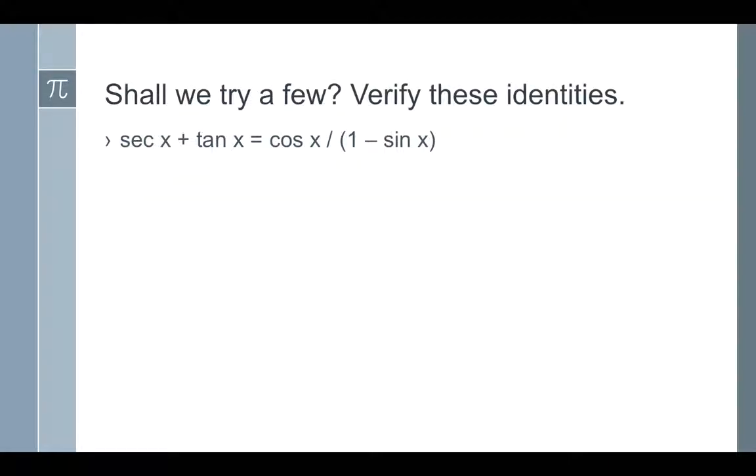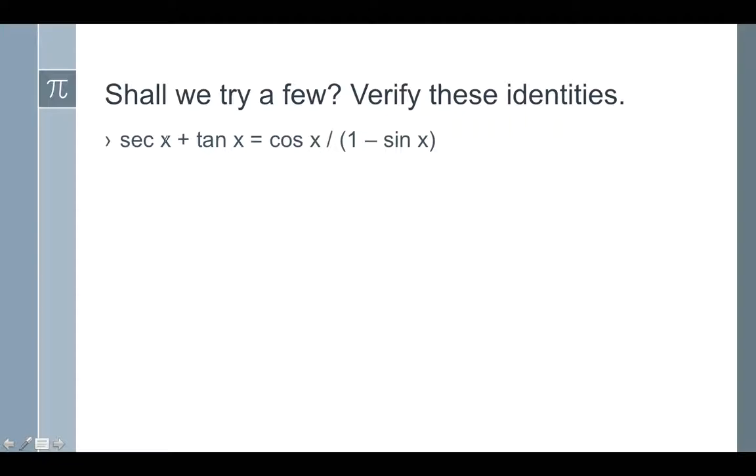All right, let's keep going on these examples. So secant plus tangent equals cosine over 1 minus sine. This kind of looks a little bit complicated here. Let's start with the left side. Let's see if we can do anything to the left side.